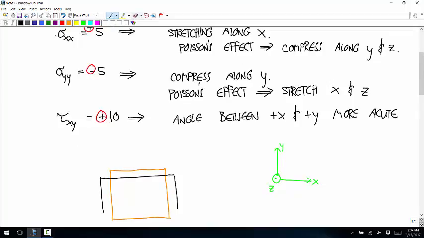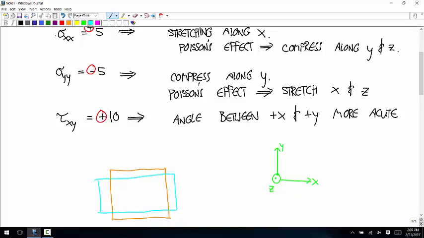So, whoops, I shouldn't draw these yet, because the angles are going to change. I'll draw. So here's what we know so far. Due to the normal stresses, we're going to be at that blue position.